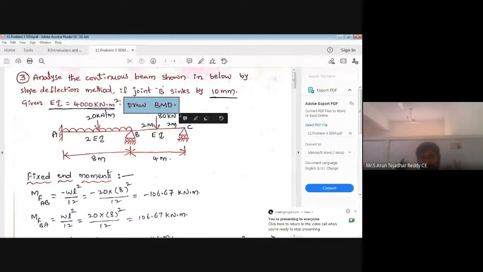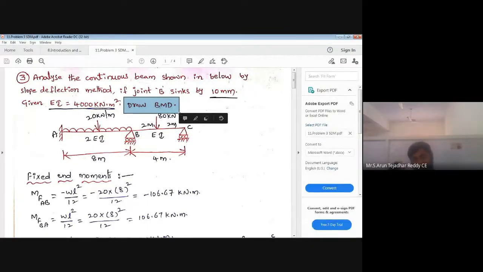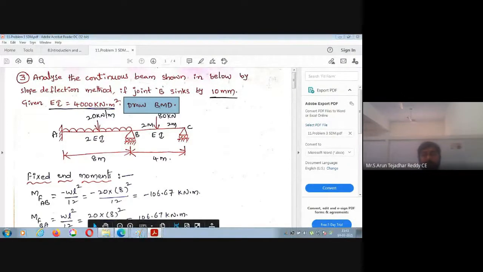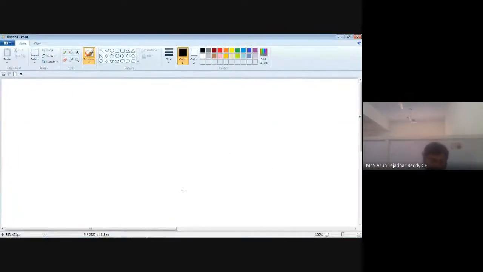It means support reactions are not required here because he did not ask for the shear force diagram. He is asking only the bending moment diagram. Now, draw the bending moment diagram.